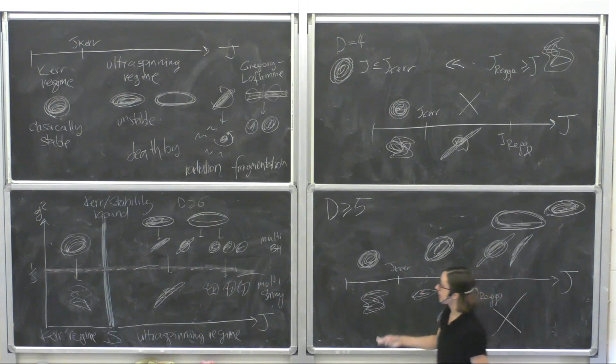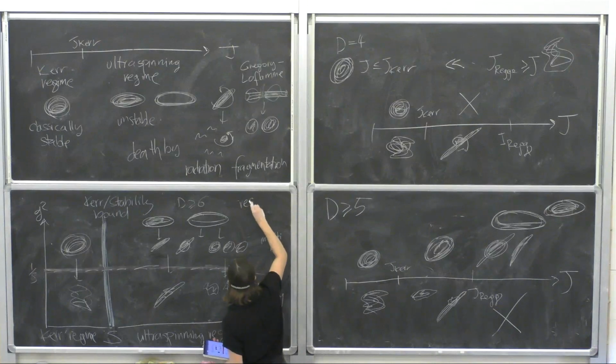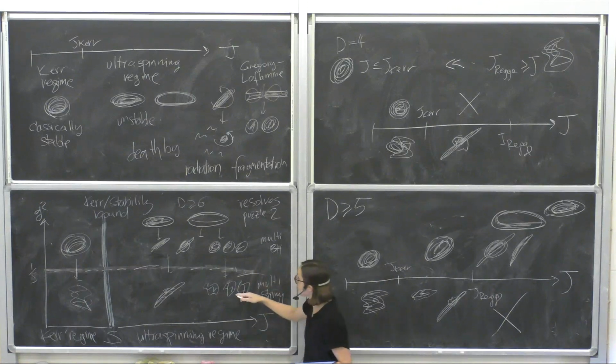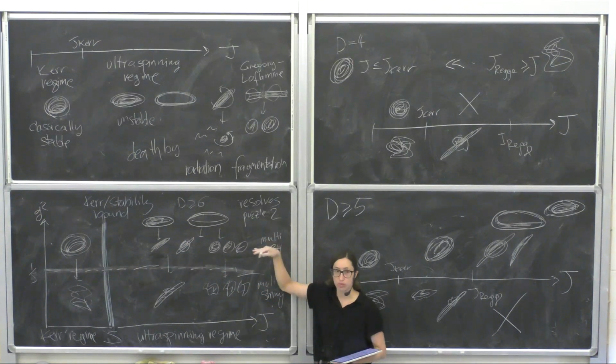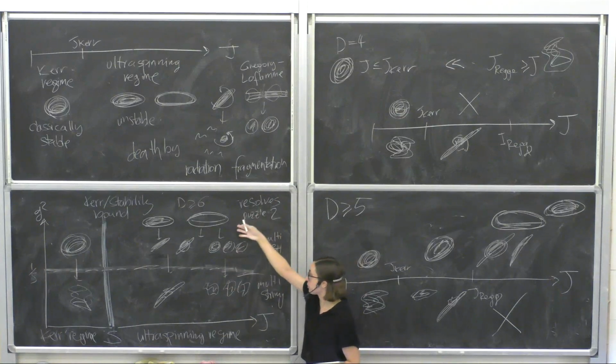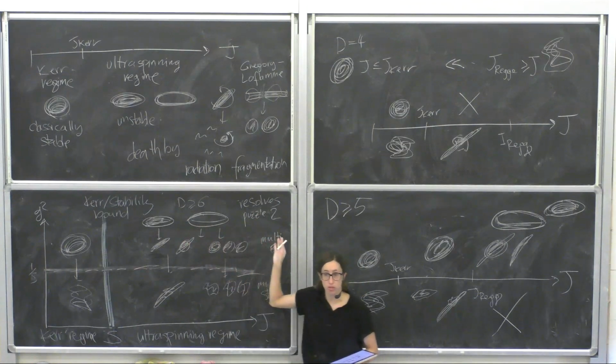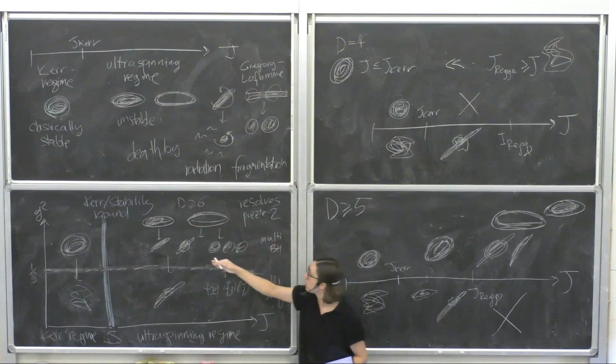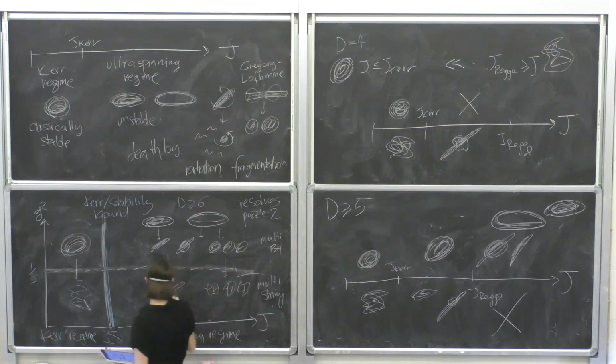And this resolves the second puzzle, which was that there are these ultra-spinning objects with arbitrary spin, but there's no string counterpart. Well, you have to first look at what these highly spinning objects do. They decay fast compared to the transition time scale.